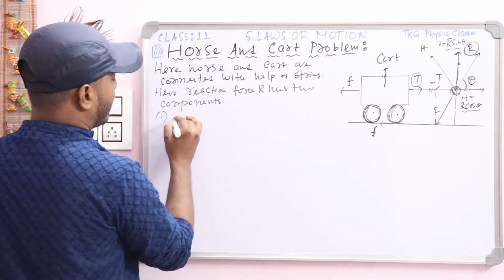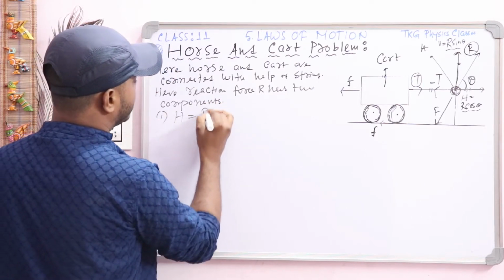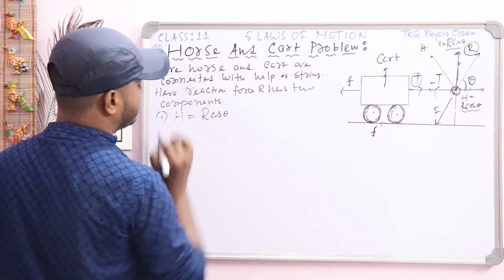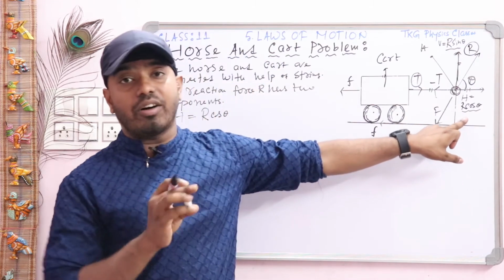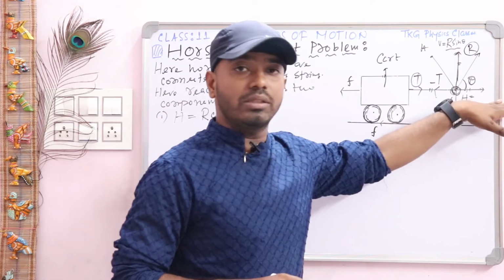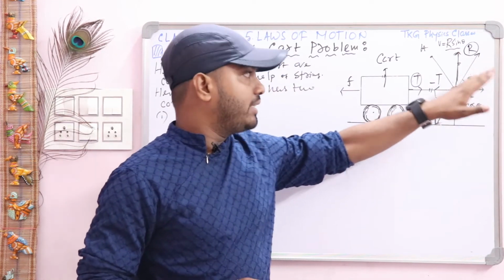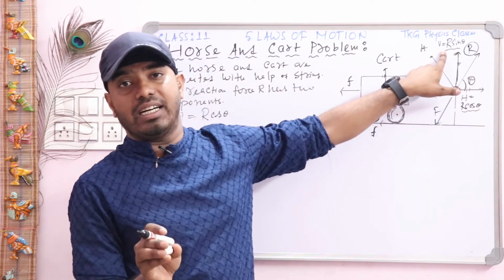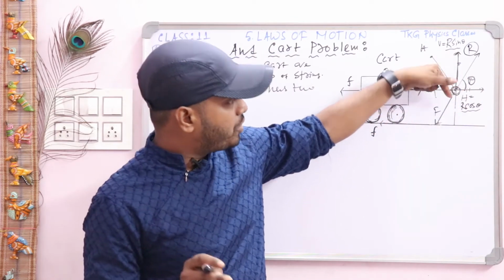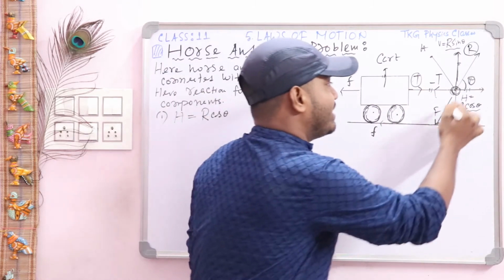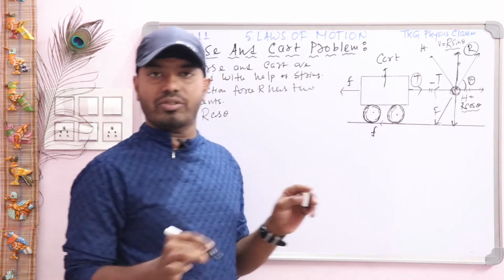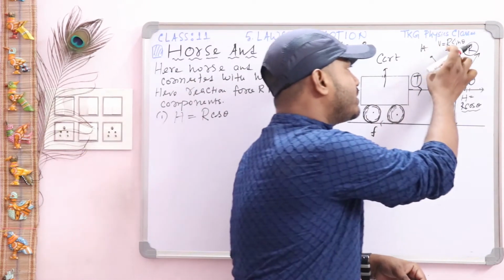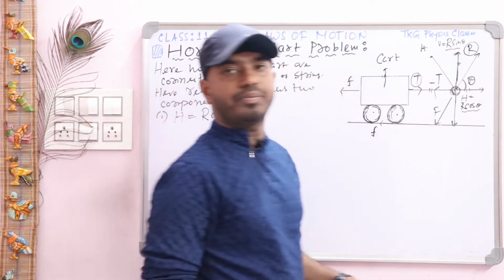One horizontal, that is H equal to R cos theta, and you know R cos theta helps the horse to move forward. And this R sin theta is just opposite to the direction of the weight of the horse. So this component balances the weight of the horse.